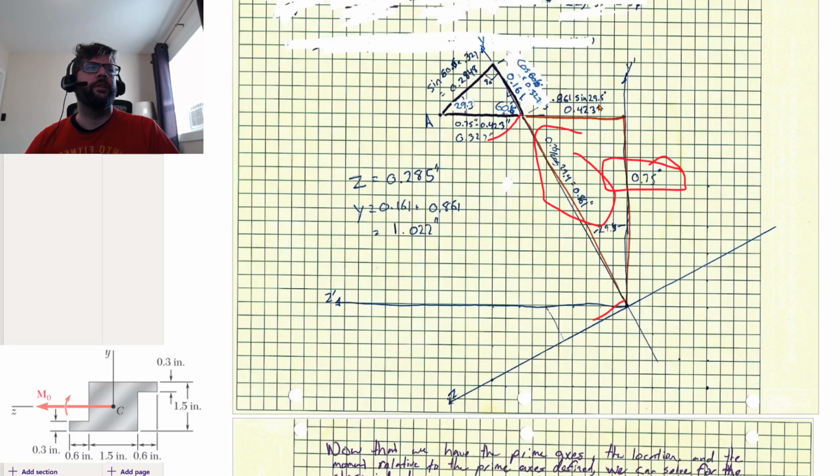We can also calculate this, which means that we can figure out what this distance here is by subtracting this from 0.75, which means that once we have that, then we can calculate this, which combined with this value here gives us our new y coordinate, and then we can also use that to calculate this distance here, which is just our z coordinate.